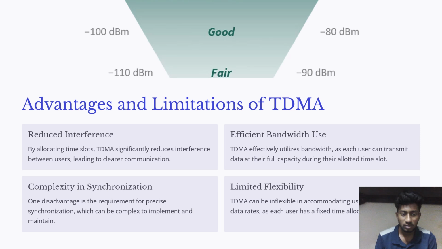Complexity in synchronization: one disadvantage is the requirement for precise synchronization, which can be complex to implement and maintain. Limited flexibility: TDMA can be inflexible in accommodating varying data rates, as each user has fixed time allocations.